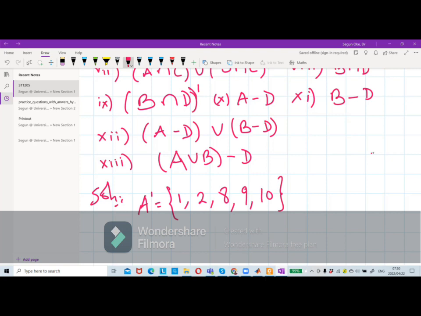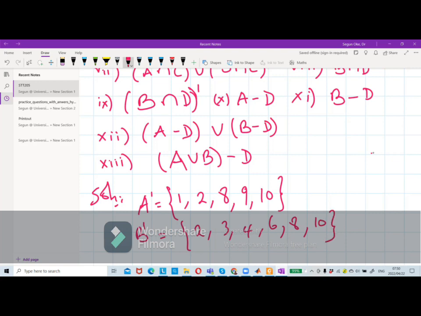So let's look at the complement of B. B complement will be the elements in the universal set that are missing in B, so it will be 2, 3, 4, 6, 8, 10.